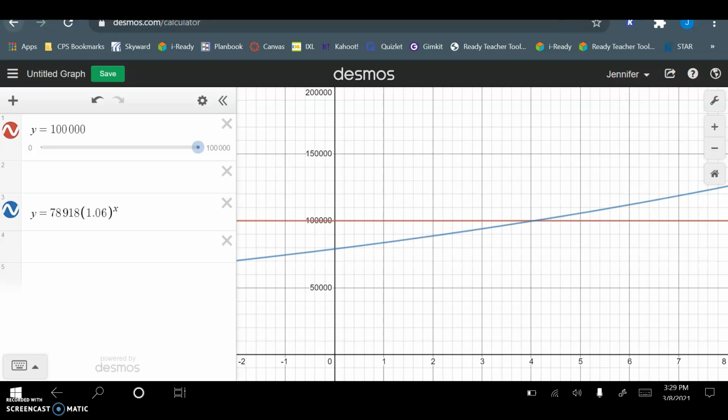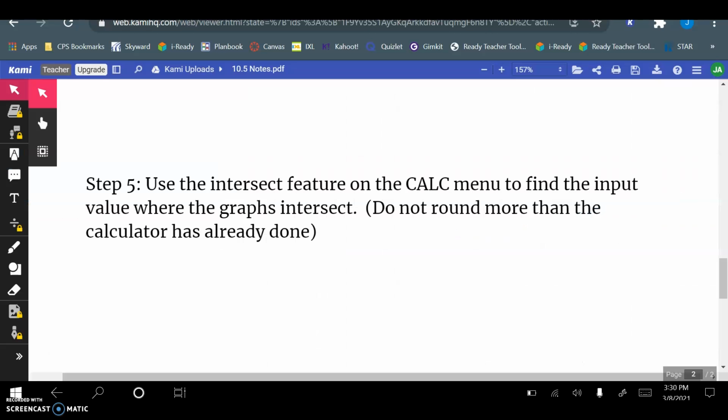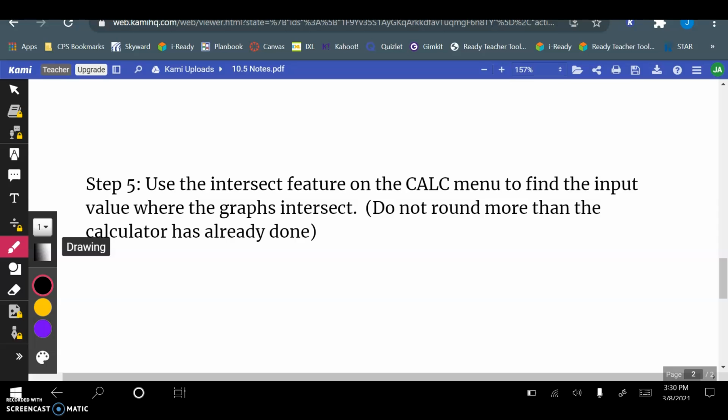So in the graphing calculator in the classroom, we can use calc and then hit where it says intersect. But here I have to click on the screen where they intersect, and it shows me that the x value is 4.063.